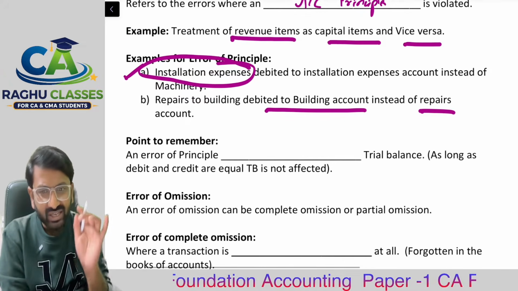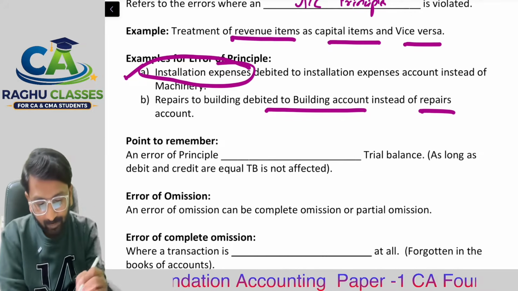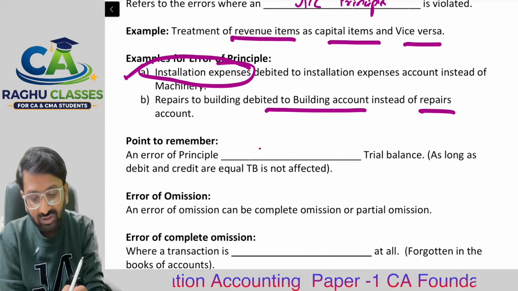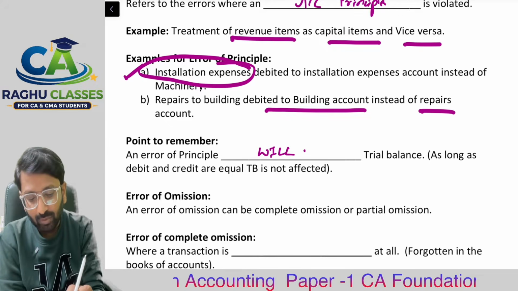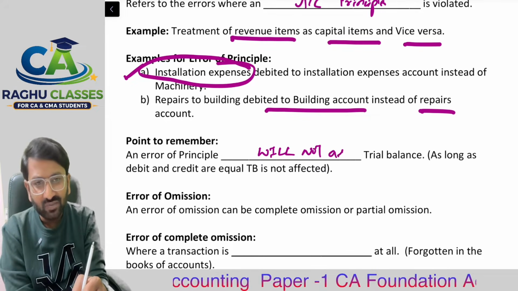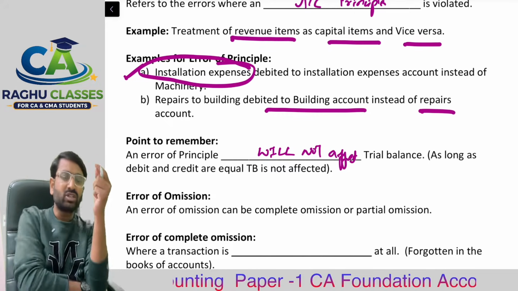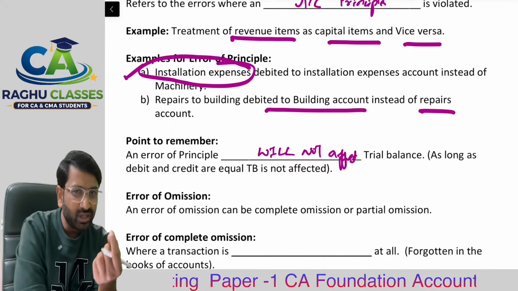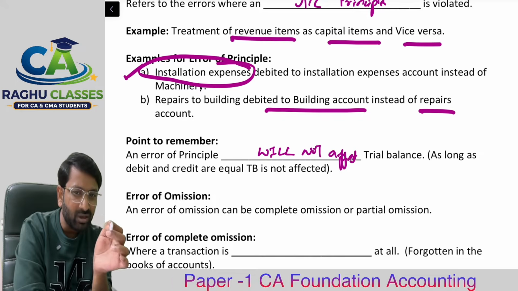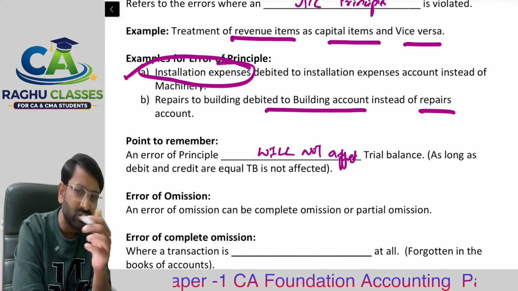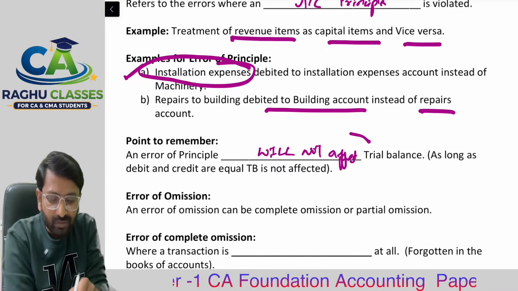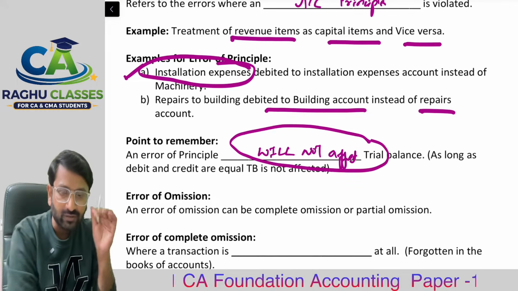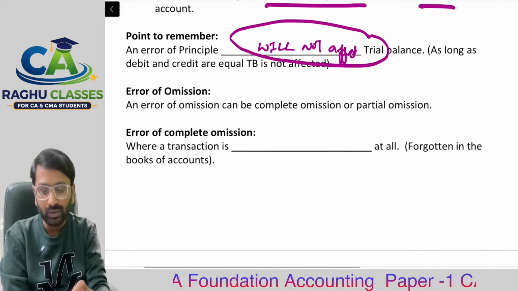Now, error of principle will not affect trial balance because only the classification is going wrong. So instead of treating it as capital, you treat it as a revenue item. But as long as debit and credits are matching here, trial balance will tally, which means error of principle will never affect trial balance.